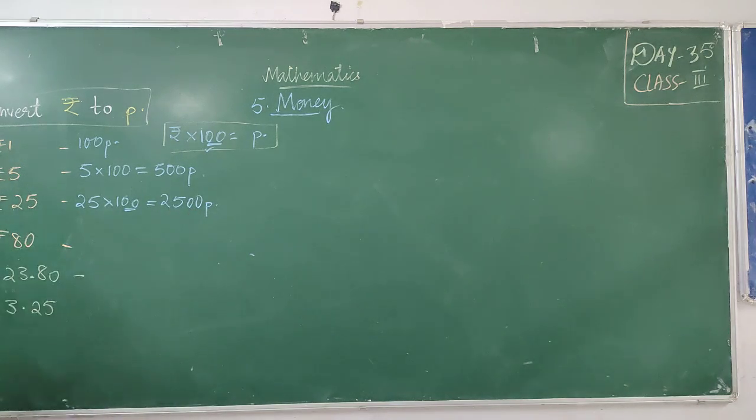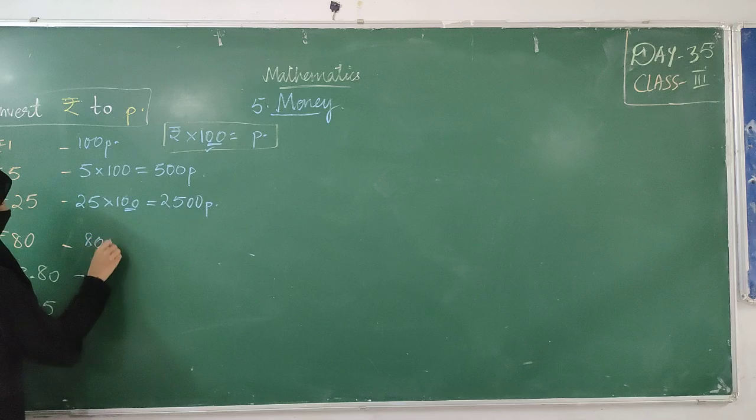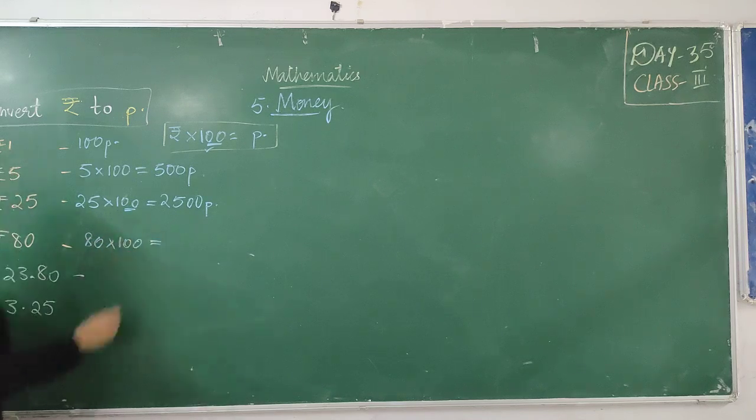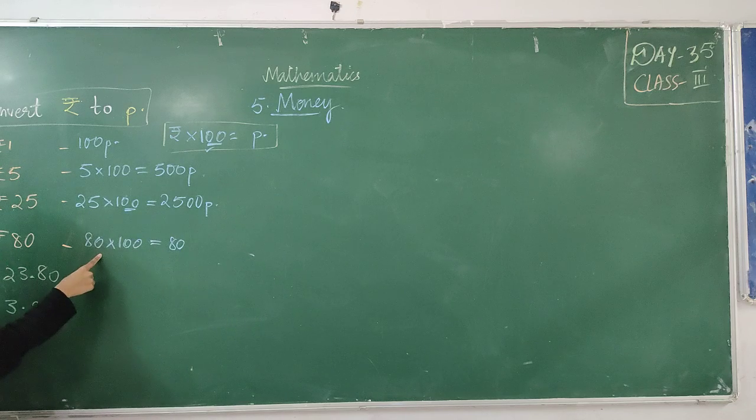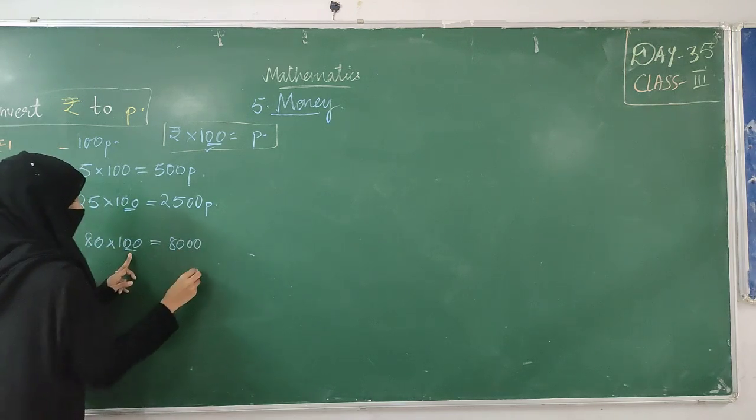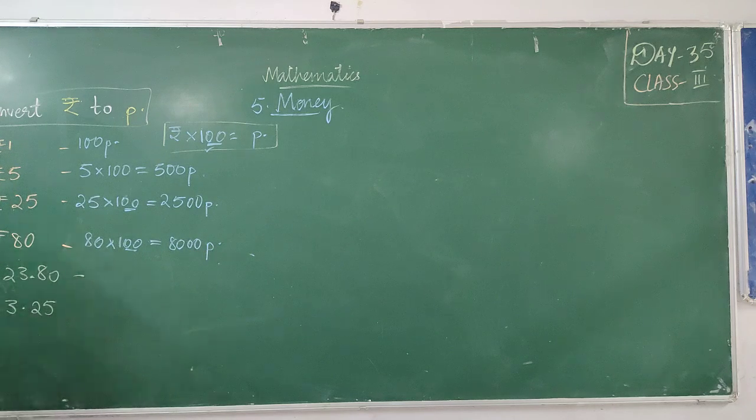Fine. Next again, 80 multiplied by 100. What will be the answer? 80 is the number. You don't have to skip this 0. 80 is the number. How many zeros? 2 zeros. 8000 paise. You can do it directly with your mind also. No need of doing the multiplication.